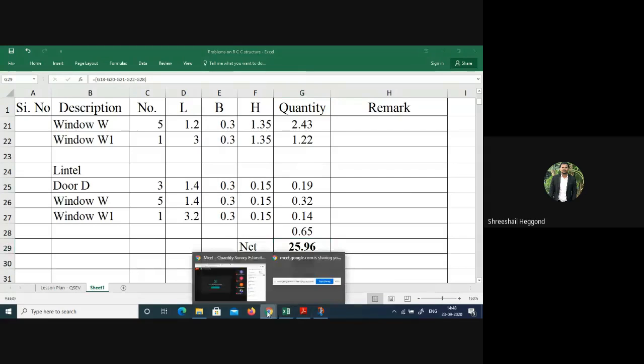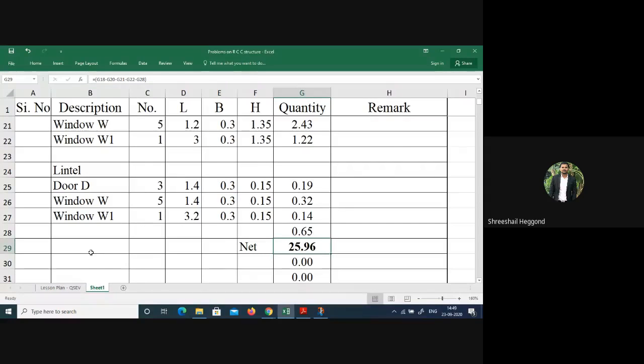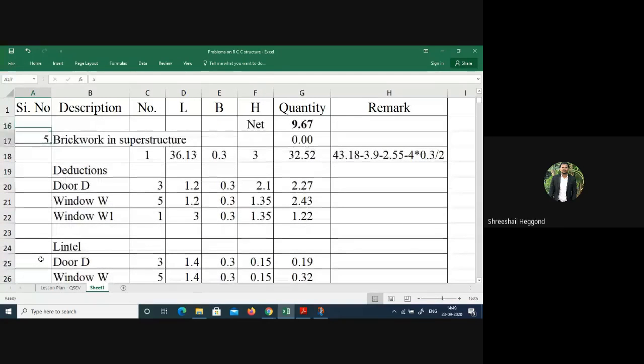What do you people, how much are you getting? Once you're done with this one, next quantities of number six.